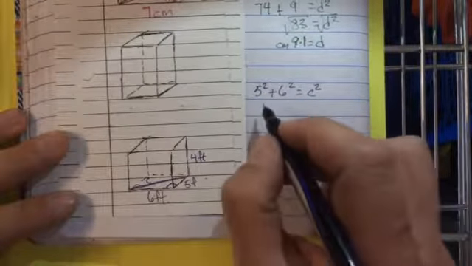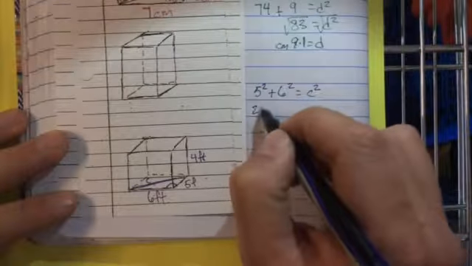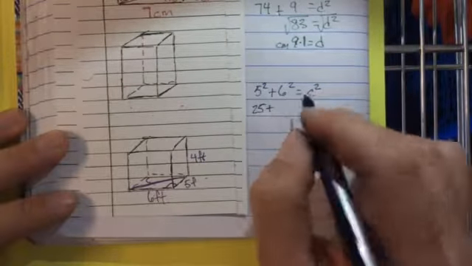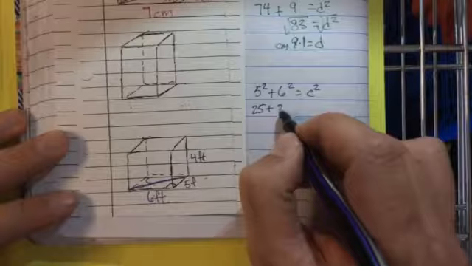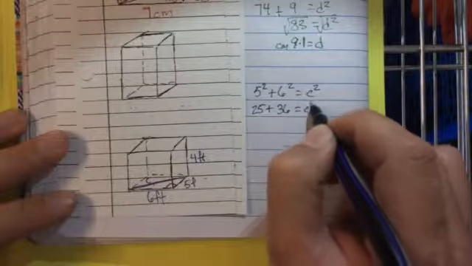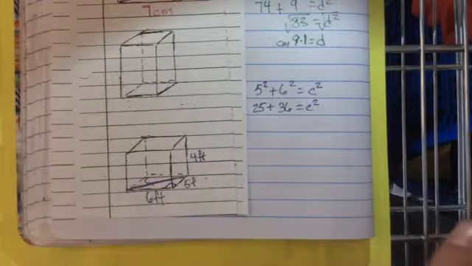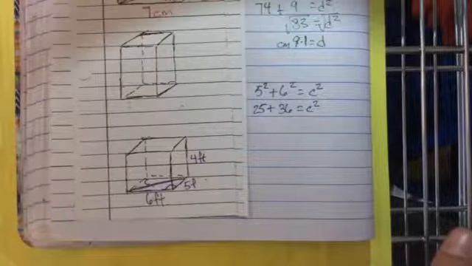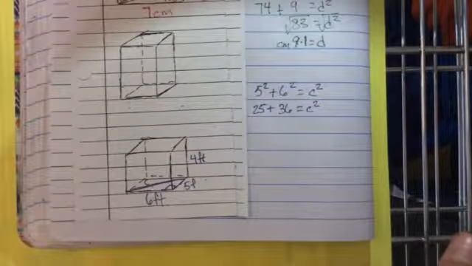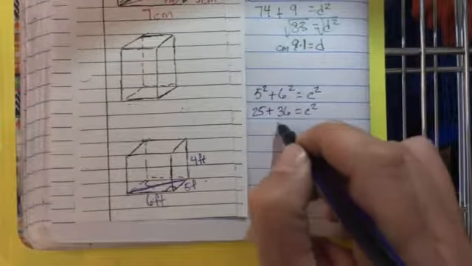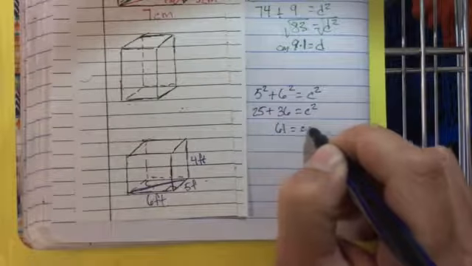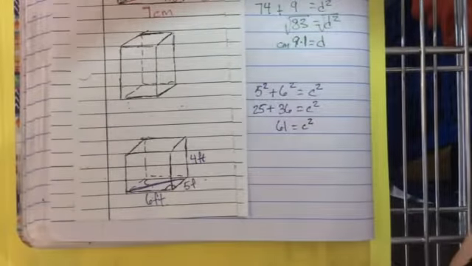So what's 5 squared? 6 squared? So 25 plus 36, I know it's frozen, but we can do mental math. 61 equals C squared.